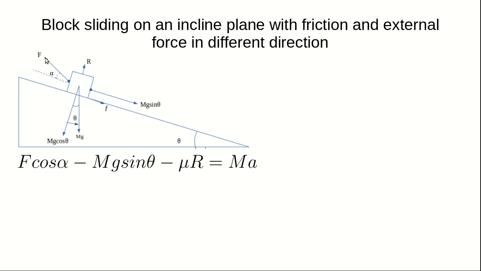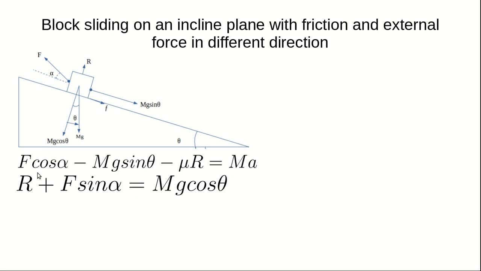That F sin alpha is in line with R, so we can say F sin alpha plus R minus mg cos theta equals 0, because this block is not moving in this direction. So R plus F sin alpha must be equal to mg cos theta.